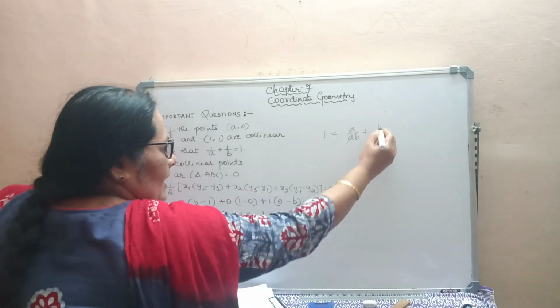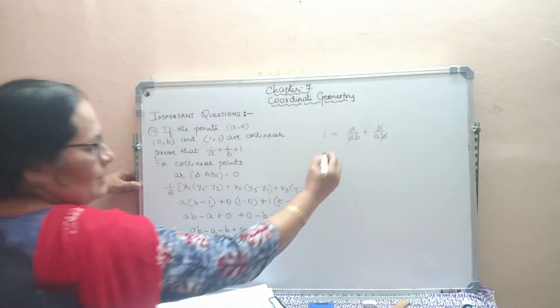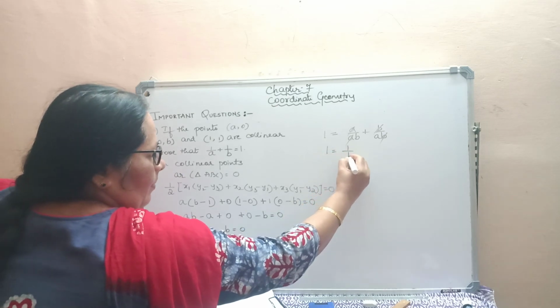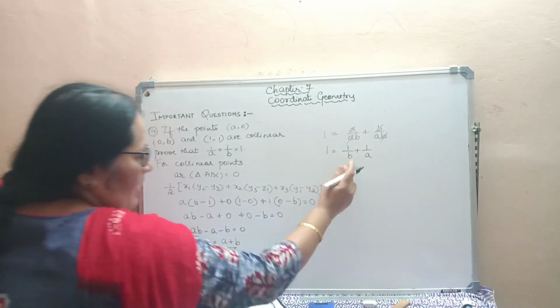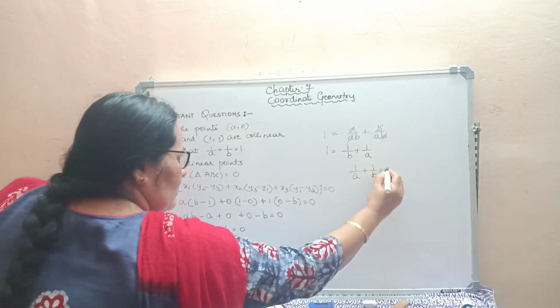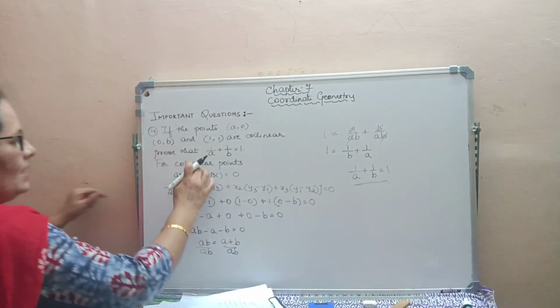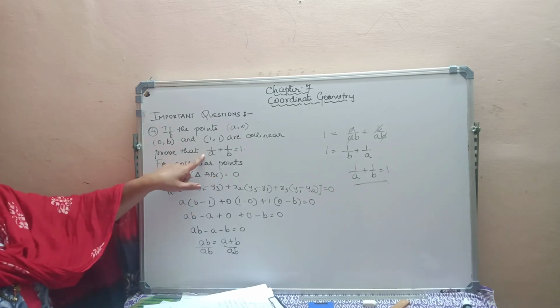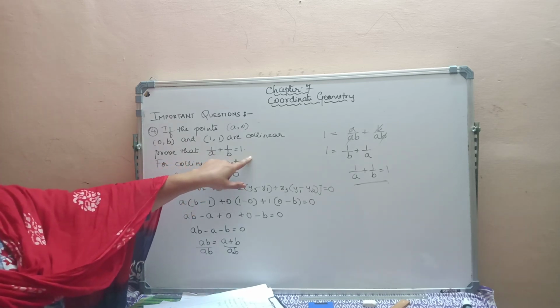So a gets cancelled, b gets cancelled. So 1 equals 1 by b plus 1 by a, which is nothing but 1 by a plus 1 by b equals 1, which is the required proof.